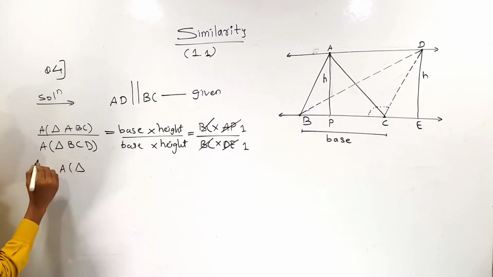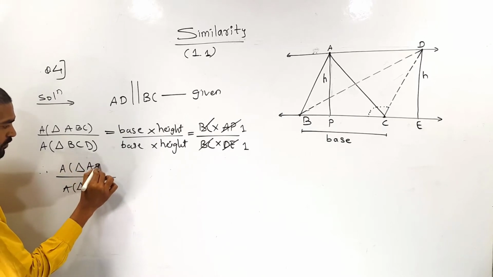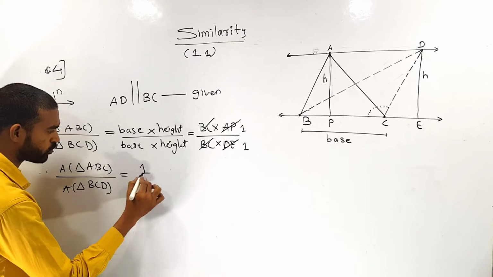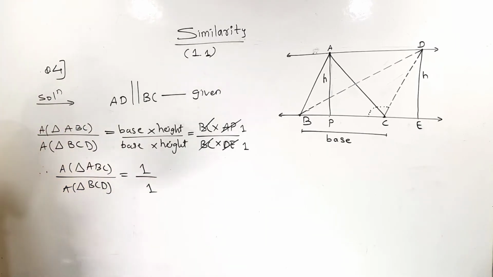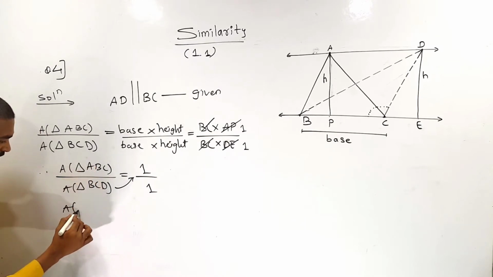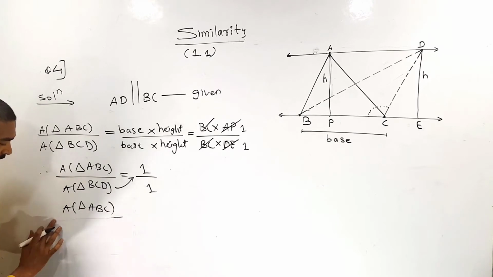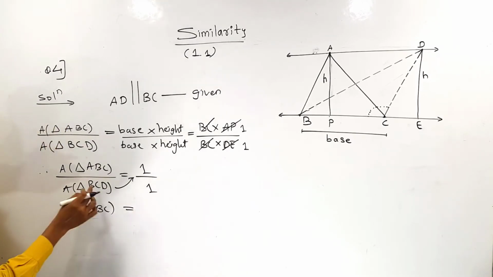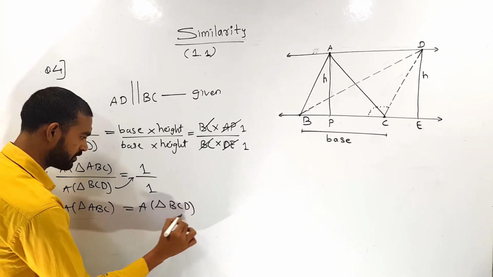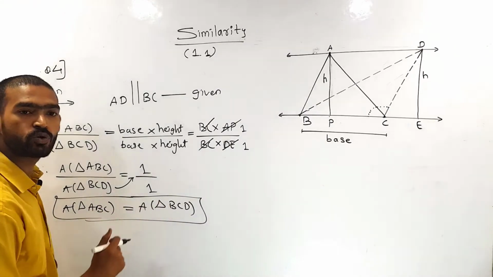Therefore, my answer is the ratio of areas of triangles ABC and BCD is equal to 1 upon 1. Now we'll cross multiply. So area of triangle ABC is equal to, this will move that side, area of triangle BCD. Both are exactly equal to each other.